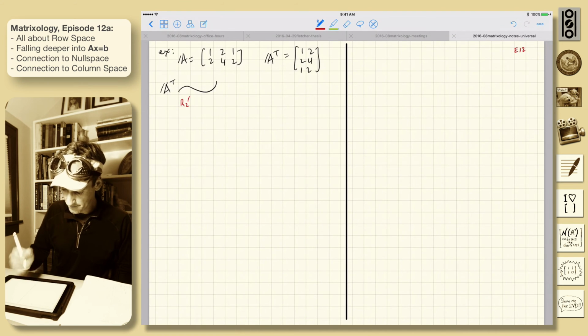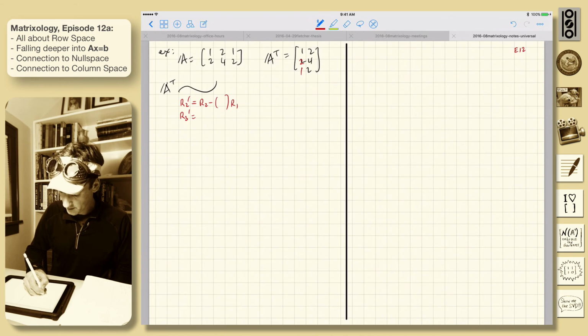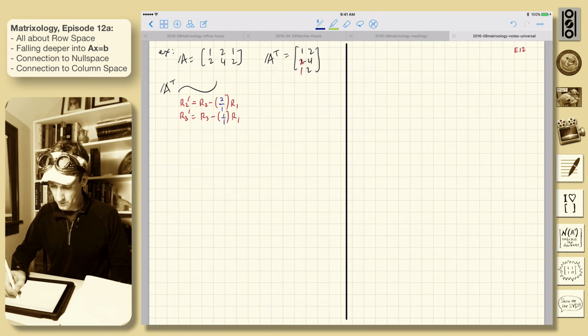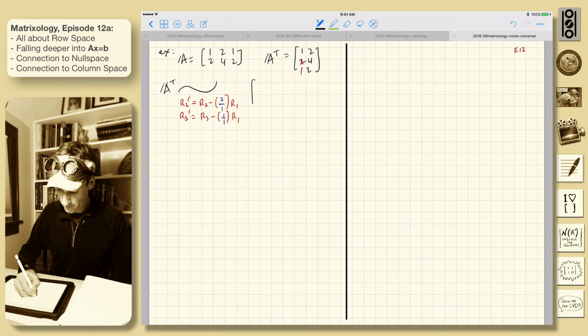Row 2 prime is row 2 minus something times row 1. We can do row 3 at the same time: row 3 minus something times row 1. It's 2 over 1 and 1 over 1. It's a simple thing, I know, but we're just doing things for form. So we end up with, of course, 1, 2, 0, 0, 0, 0.